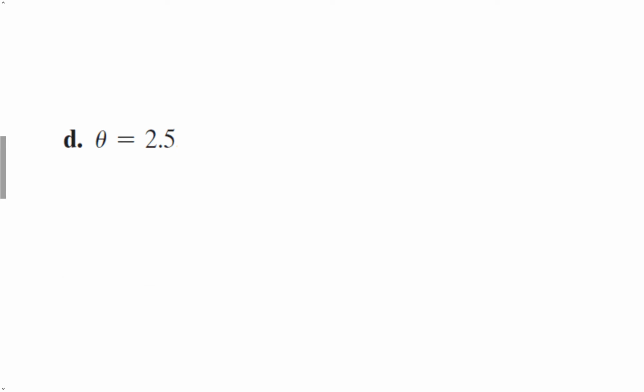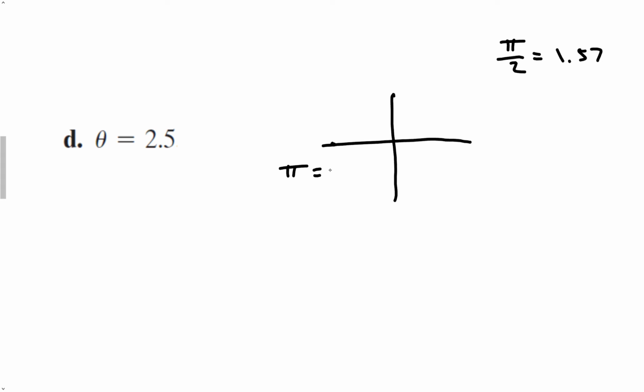This is a little bit harder. Okay. 2.5. It does not say 2.5 degrees, so that means 2.5 radians. Well, this is pi over 2 radians. Pi over 2 is the way we usually write it, but if we actually calculated it, it's 1.57. This is pi radians, which we should know is 3.14. Okay, well, what does that mean to us?